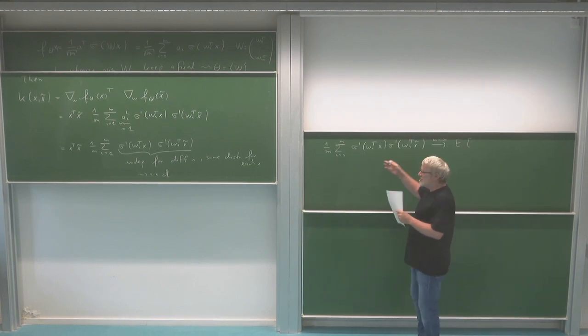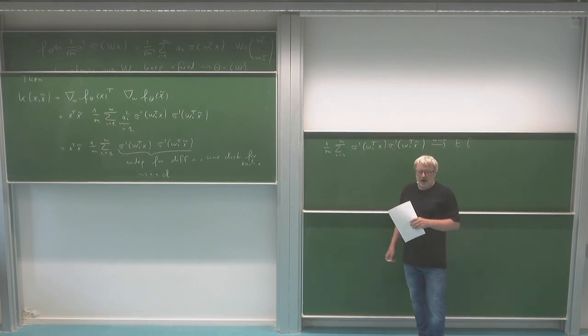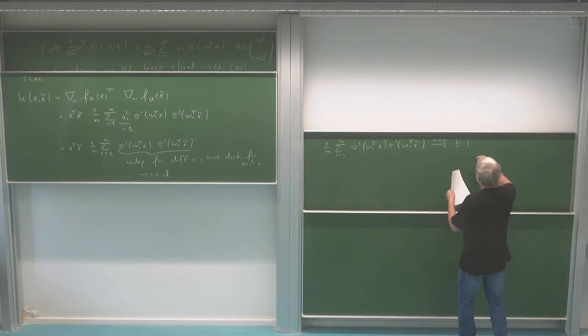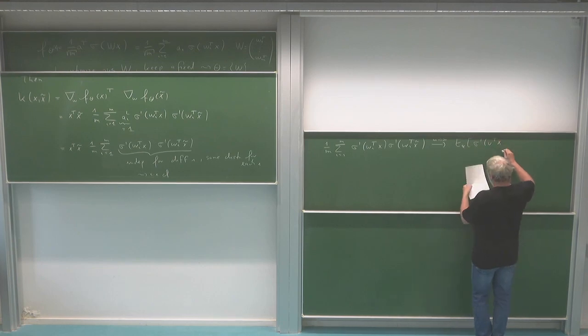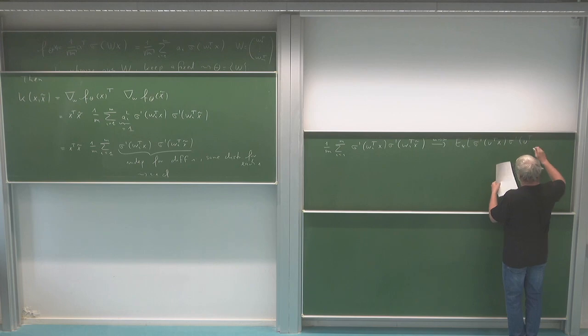Where now, instead of writing w1 or w2, let me just write v. V is just a random vector which has the same distribution as each of the wi's. So I take here the expectation over the distribution of V, and here I have sigma prime of V transpose x times sigma prime of V transpose x twiddle.